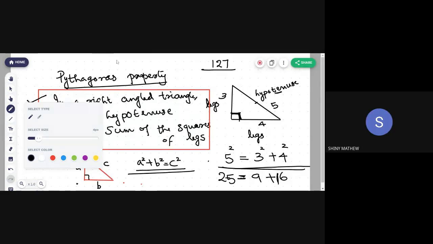Check whether the given measurements are sides of a right angle triangle or not.